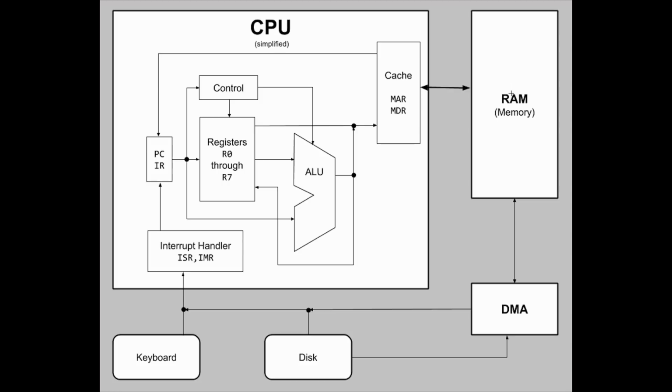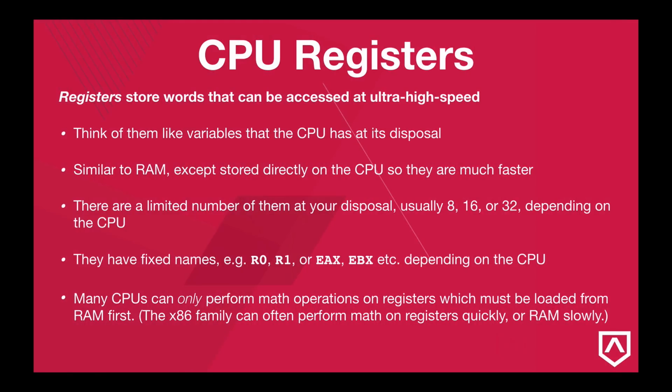Several nanoseconds it's going to take to go out there and get this data. But you might be able to do it a lot faster if you don't have to go off the CPU, if the data is already there on the registers. So usually when you're doing work, like adding numbers or multiplying them together, that stays in the registers and the work is done within them. And the size of the registers is the size of a CPU word.